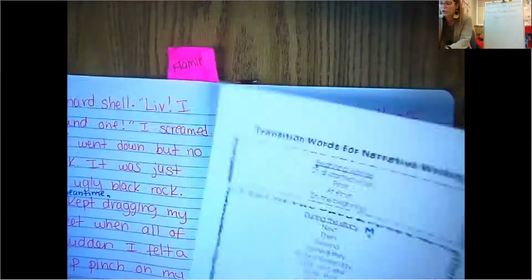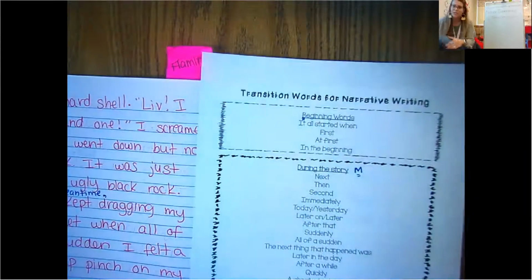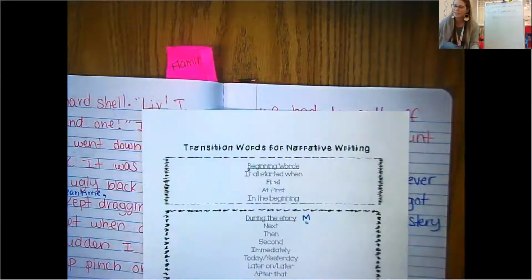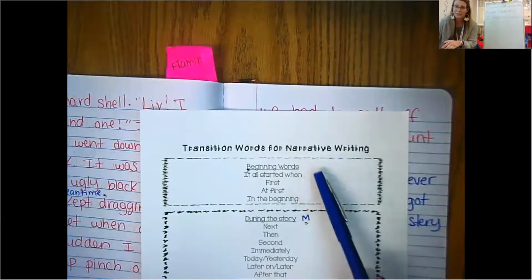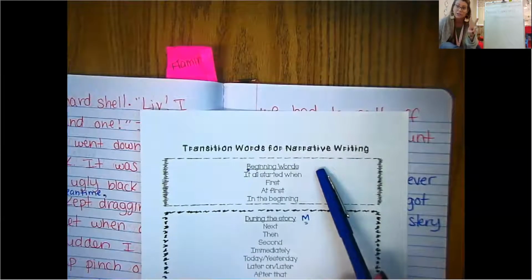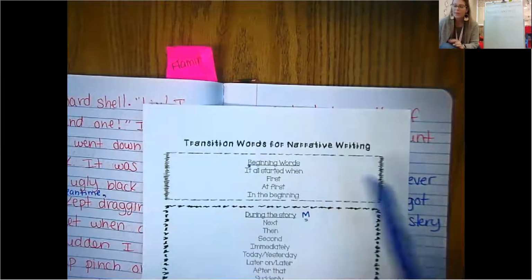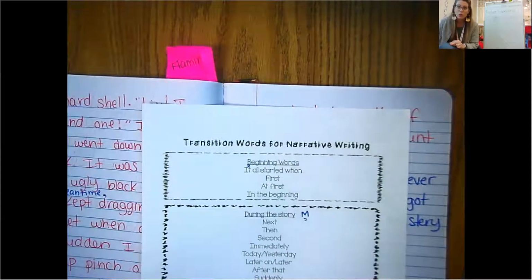I made sure that I included a transition word from my list. I made sure to pick at least one for the beginning. I actually picked two. Okay, in the middle, you should also have about 2 or maybe even 3 sequence words.